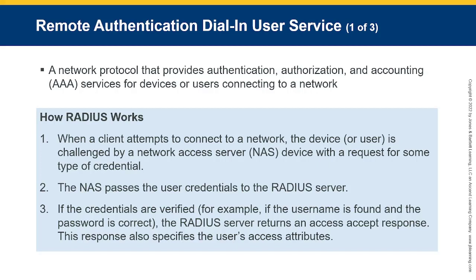The NAS passes the user credential to the RADIUS server. If the credentials are verified, for example, if the username is found and the password is correct, the RADIUS server returns an access accept response. The response also specifies user access attributes.